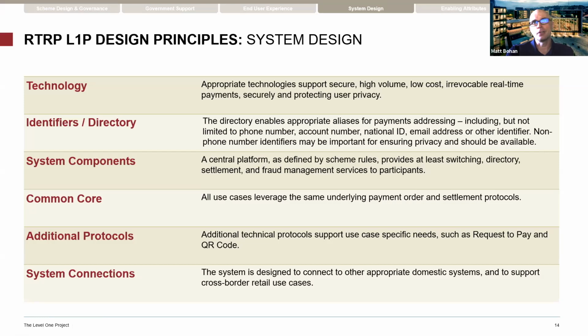Additional protocols like request to pay facilities, QR codes, and the like should be supported, allowing that innovation to come in. And the system should be connected to other domestic systems and cross-border systems to allow for that broad and easy connection.